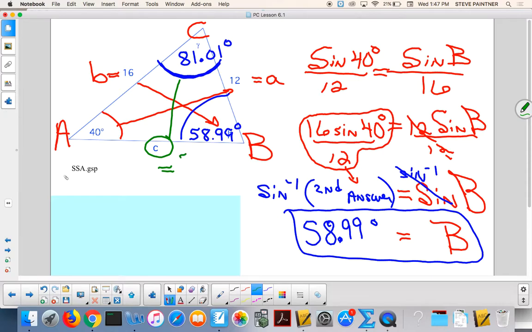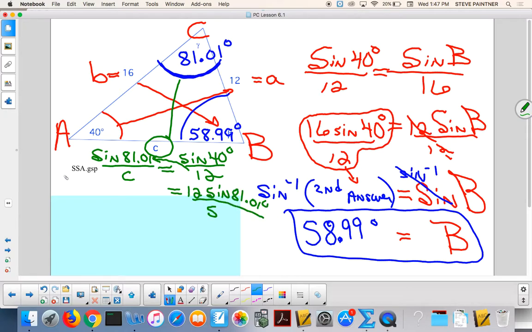I'd probably go with sine of 40 over 12, and I'd go with sine of 81.01 over C. This is where I need your help. 12 times sine of 81, divided by, what are you going to divide this by?